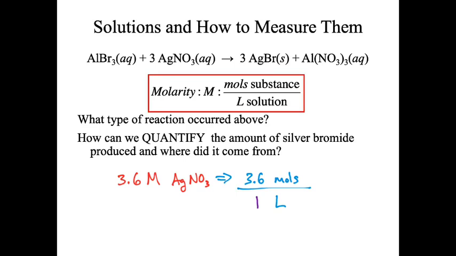Andy had a good point. Moles of what? Silver nitrate. Liters of what? Liters of water? How much silver nitrate would be found in water? Well, that's the solution. Silver nitrate aqueous. So let's be careful with our terminology here. That's the solution. Is the solution water? Not anymore.